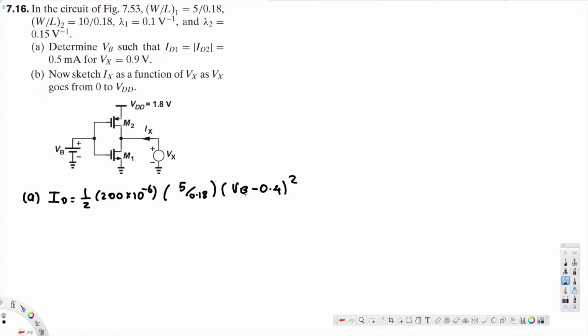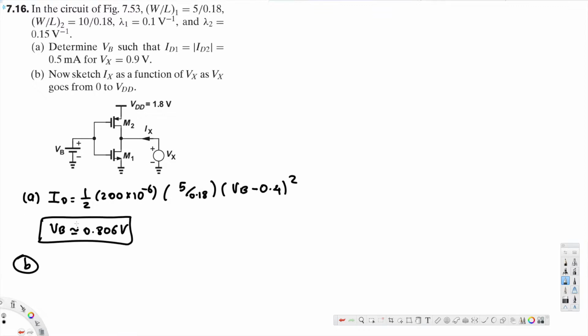And from this one we can solve for VB. We already have the drain current provided, that is 0.5 milliampere, and if you plug it in and solve for VB, you will get approximately 0.806 voltage. And that's the answer for the A part.